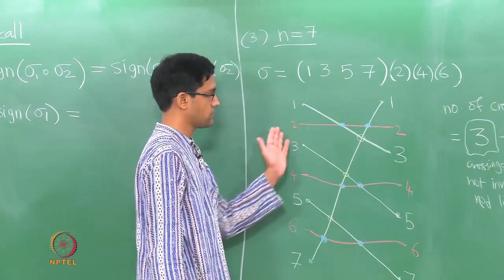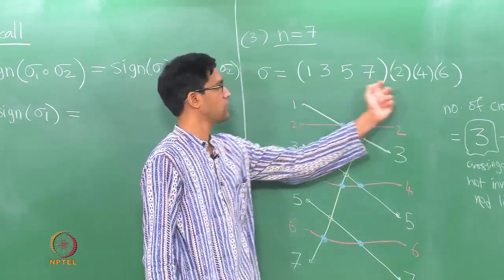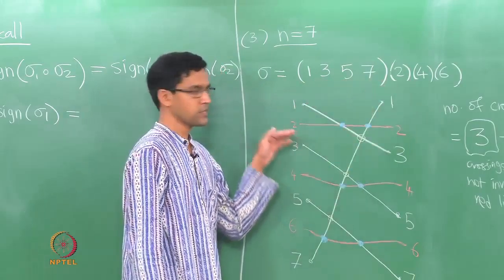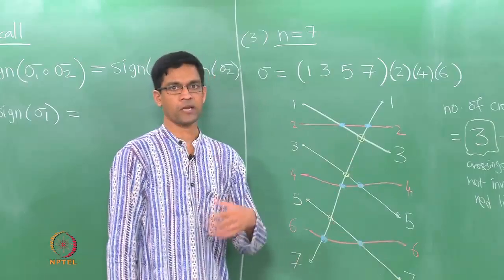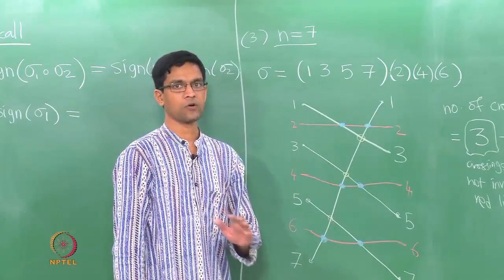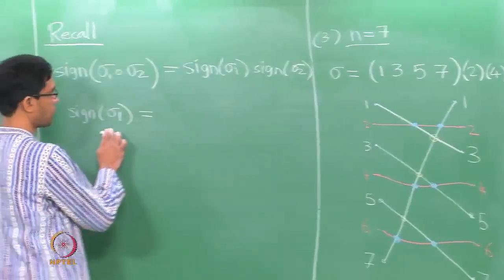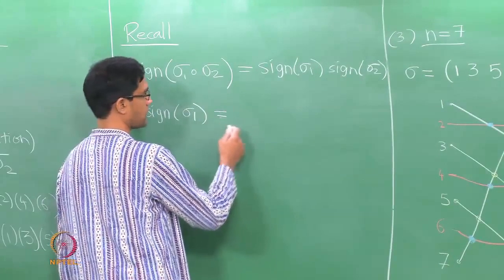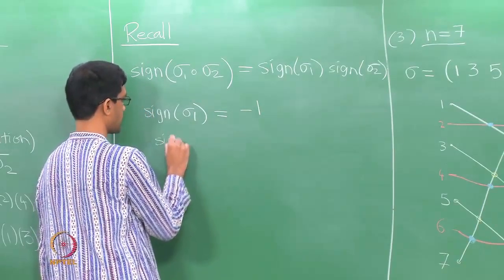So the sign of sigma 1 is really just the sign of whatever this 4 cycle part is. The things which map to themselves, the red lines so to speak, always contribute an even number of crossings, so they don't really contribute to the sign of the permutation. So the sign of sigma 1 would really just be the sign of the 4 cycle, which is -1 as we said, and similarly the sign of sigma 2.